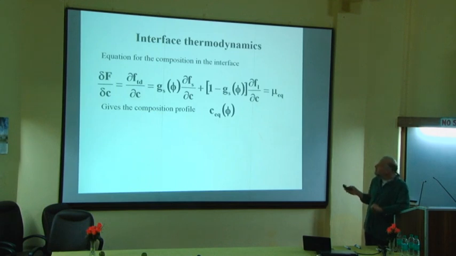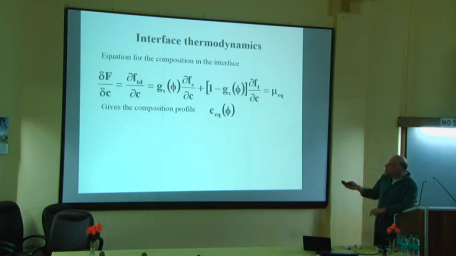Now for a fixed temperature, of course this is a function of c and this is a function of c. So what this equation actually represents is a relation between mu and c. And since mu is fixed, this is an equation for c as a function of the phase field phi. Okay? This is the constant.